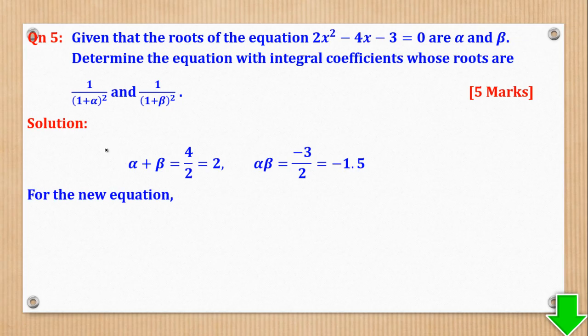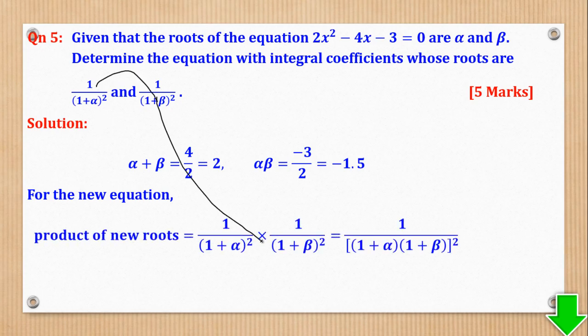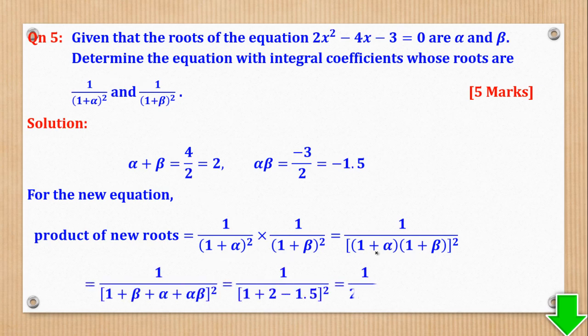Then for the new equation, product of roots is got by multiplying this. Get LCM. Then you expand this, but don't tamper with this square first. So come up with that. So this is sum of roots, and this is the product. So simplify to get 4 over 9.